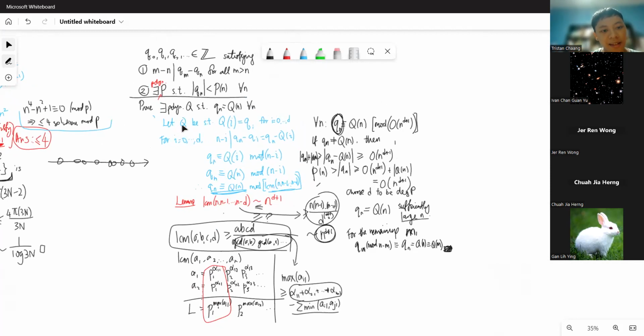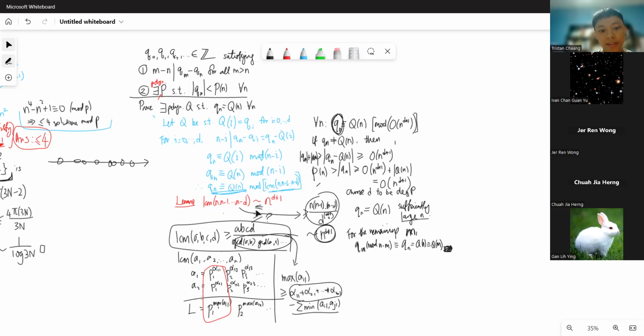So I let large Q be the Lagrange interpolation obtained from the first D terms, 0 to D. In fact, later we will say D is chosen to be the degree of P. Then you would get that Qn is congruent to the polynomial n, mod a very large number.